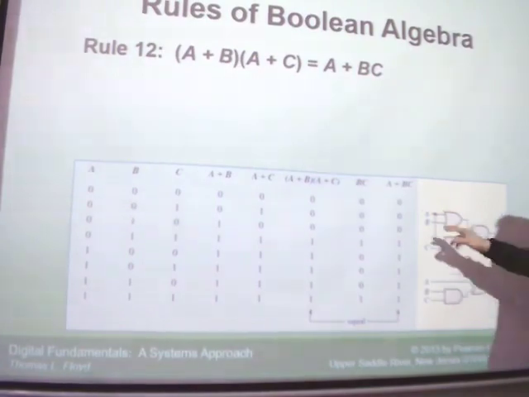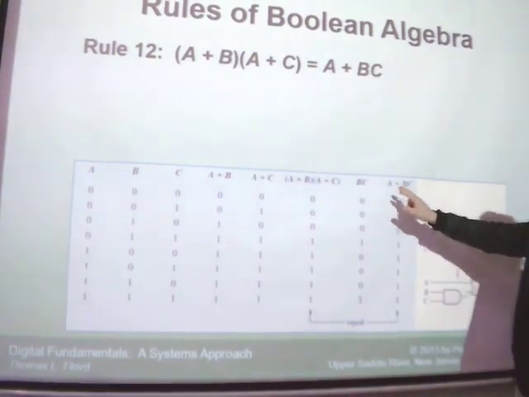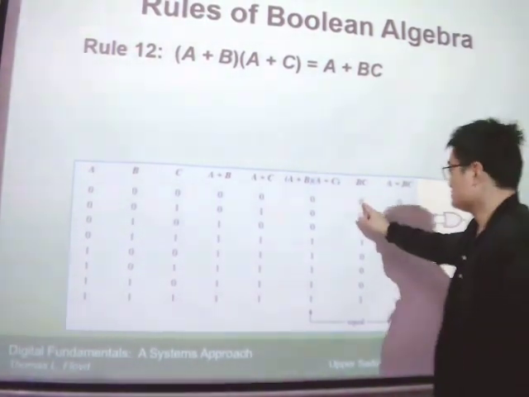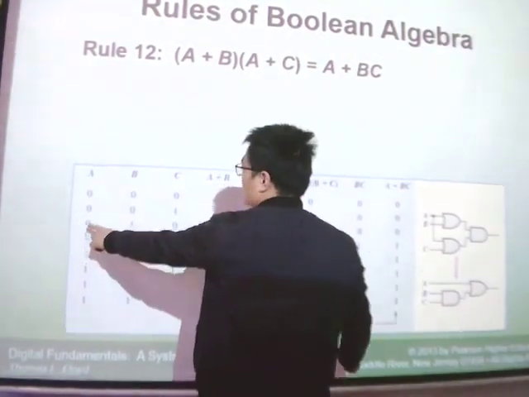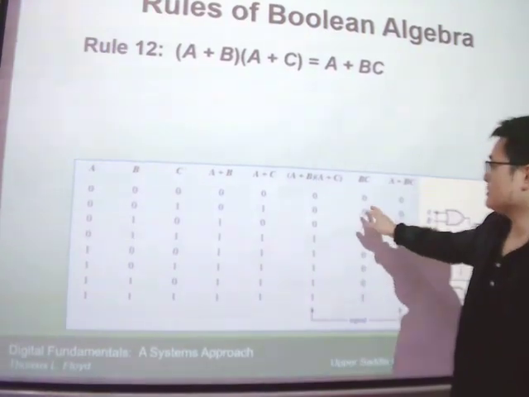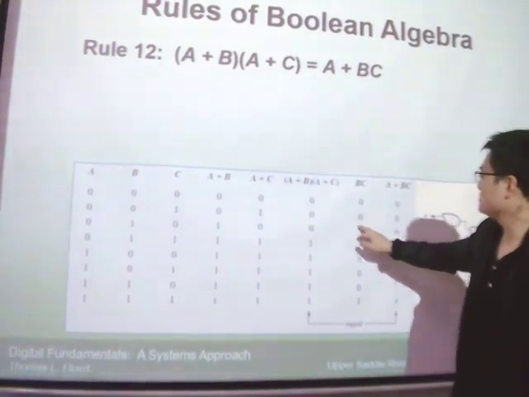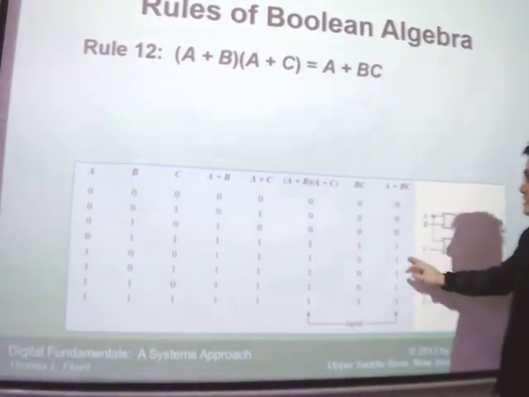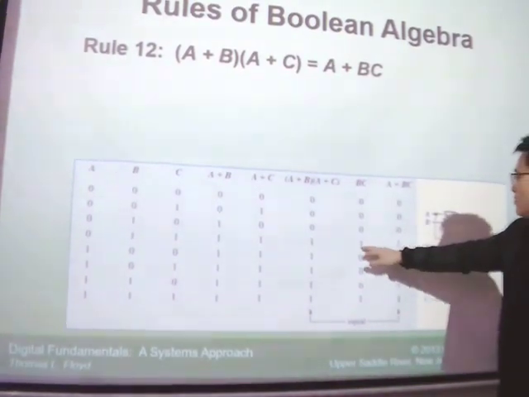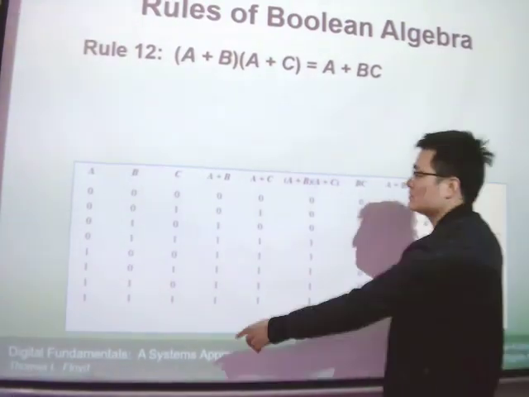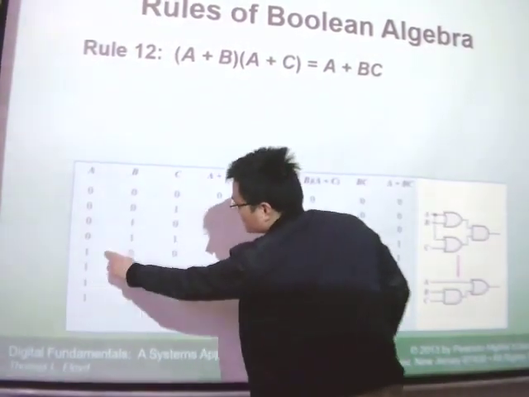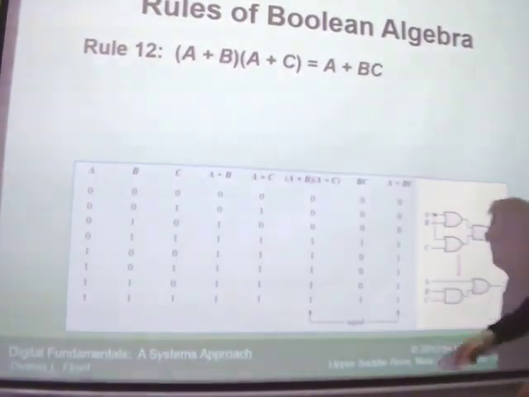Then B and C or A. We find these 2 columns: 0, 0, 0, 0, and 1, 1, 1, 1, because the 4 numbers are 1, right?